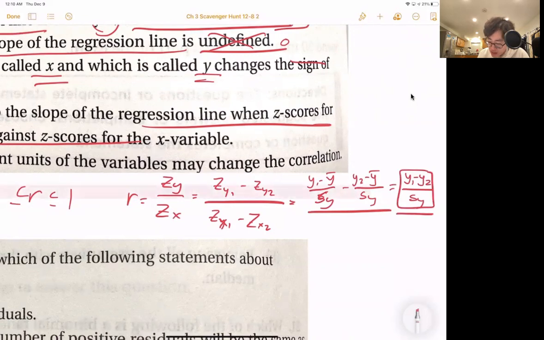Then you would divide this by x1 minus x2 divided by sx, because you pretty much get the exact same thing. So the R correlation coefficient, by definition, I'm just going to write that down for you guys just so that you can have it.